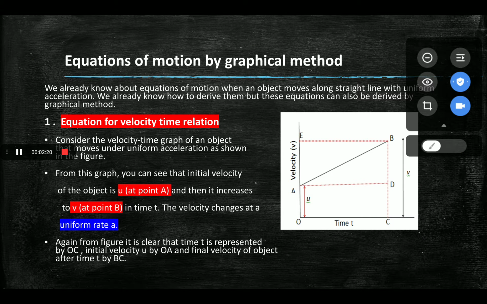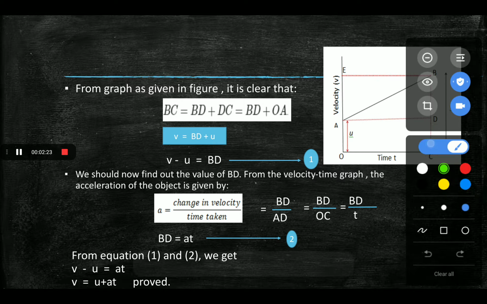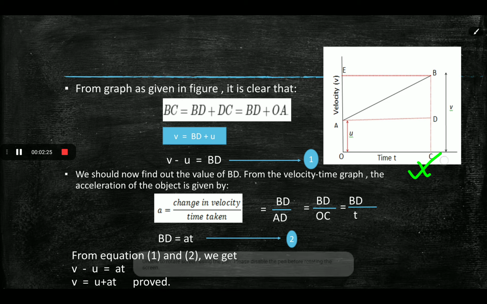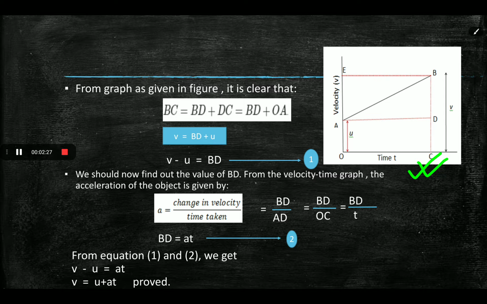Now, in the next slide, this is the same graph which we have used in the previous slide. From this graph, we can write that this final velocity BC is equal to BD plus DC. So it is written here, BC is equal to BD plus DC, and BD plus OA, because this DC is equal to OA.